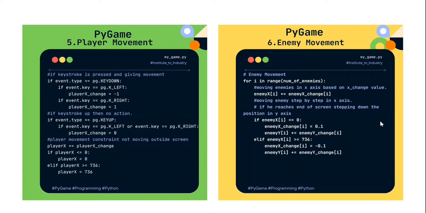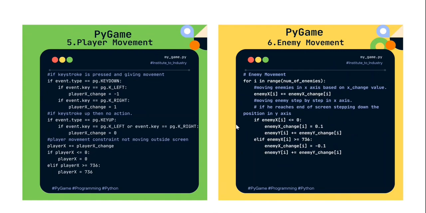Once he reaches the end of the position, he needs to come down, 10 positions. And if he is at 736, which means the screen's end position here, then he needs to move backwards this way. Once he reaches the end of this position, he needs to come down and move to the right. That is what this if-else condition is doing.